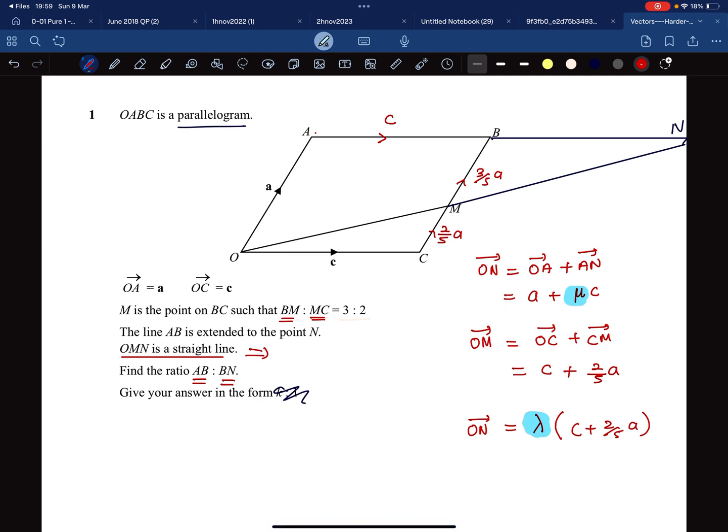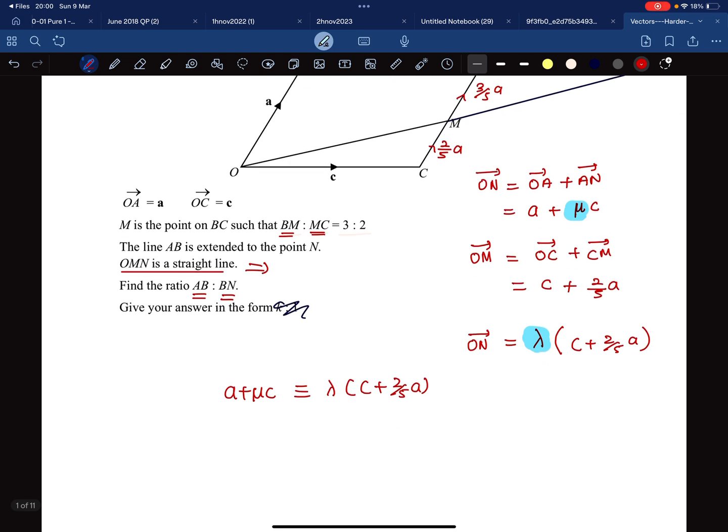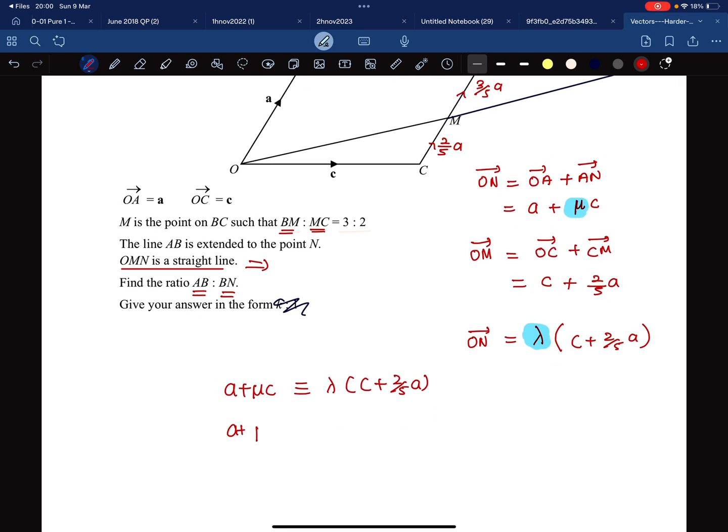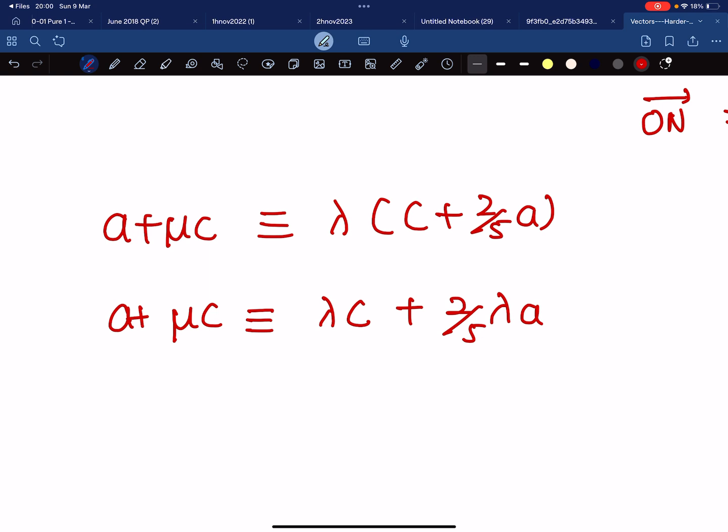So they're trying to hint you, okay, go do ON somehow. But they know that you can't do ON straight away. So they want you to do it in two ways and then equate it. So A plus mu C is the same as lambda times C plus 2/5 A. So A plus mu C is lambda C plus 2/5 lambda A. And how many A's do I have on this side? 1A.